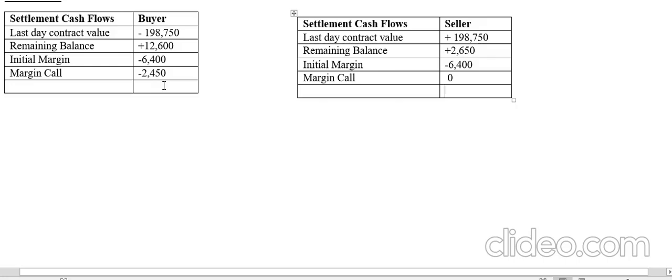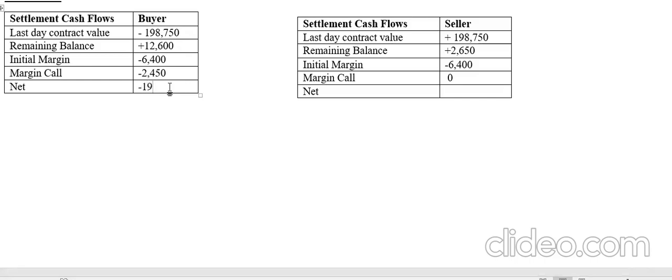Okay. So let's find the net value for the buyer and for the seller also. So for the buyer, minus 1,98,750 plus 12,600 minus 6,400 plus 2,450. So there would be a minus $1,95,000 cash outflow.